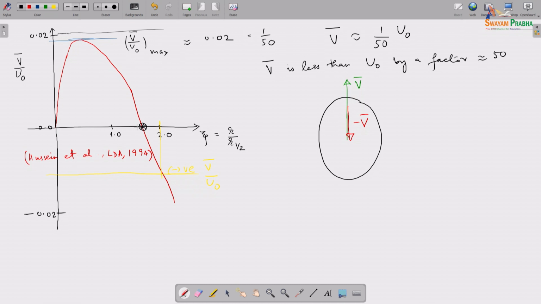This is essentially near the edge of the jet. The fluid is flowing in the negative direction, which is into the jet itself. We have been talking about the jet spreading, flowing out.